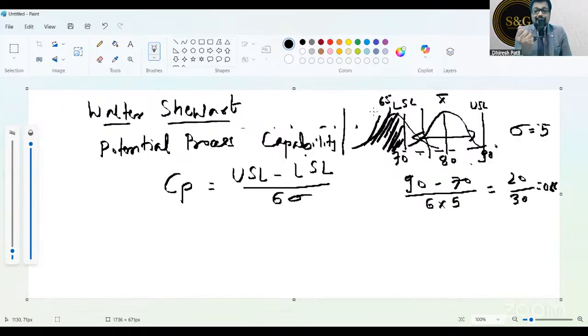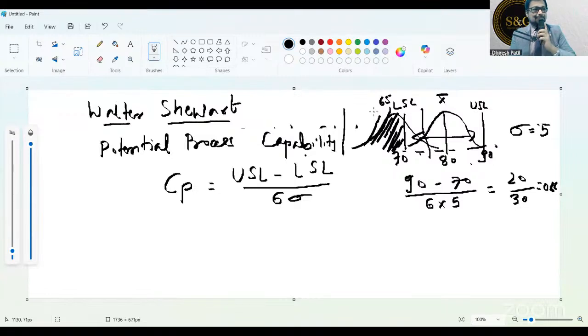What does it indicate? It indicates that the Cp formula is not capable of detecting the shift in the mean. If your mean shifts from the center, your Cp formula is not capable of identifying that. It is giving the same value. How many of you understood this?